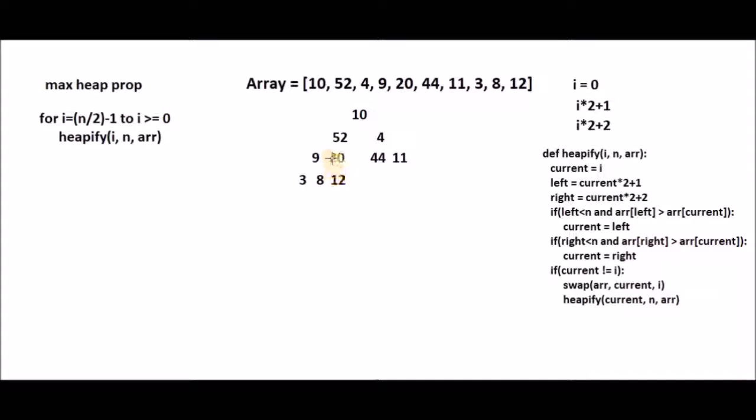I go in here, I start with the for loop, let's try to overwrite these. I is equal to 4 right now. So i times 2, that is 4 2s are 8 plus 1, 9. So we have 0 1 2 3 4 5 6 7 8 9. So I have that, and right is 10. So left is 9 and right is 10.